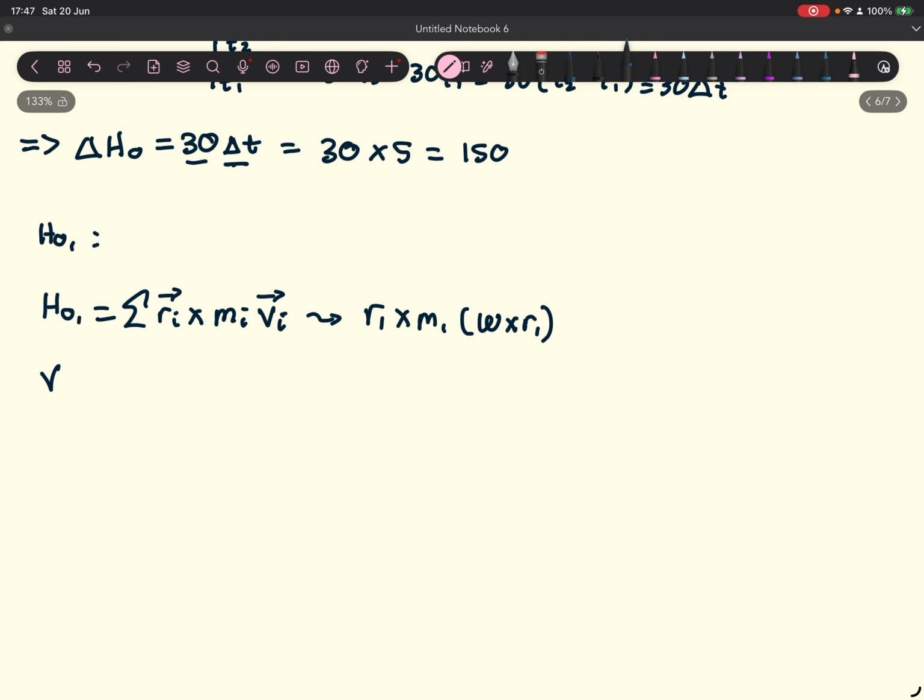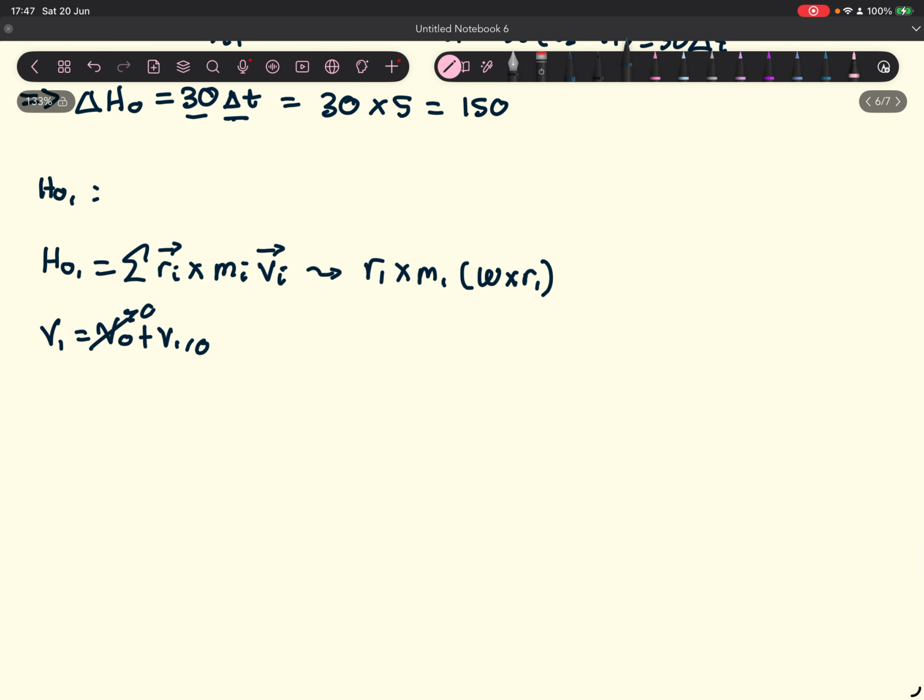So if you were to do relative velocity, V1 equal to VO plus V1 relative to O, then VO is 0 because it's a fixed point, and this would simplify to omega crossed with R1. So that's where this comes from.